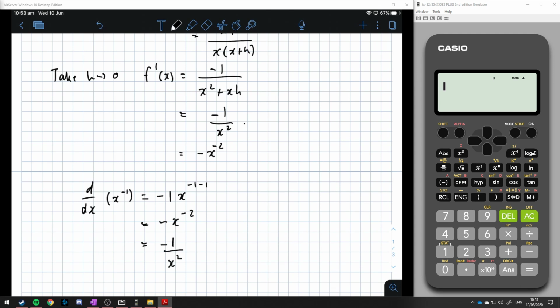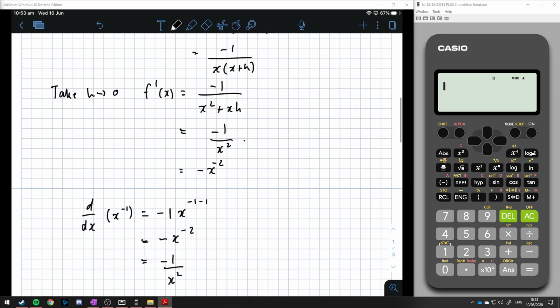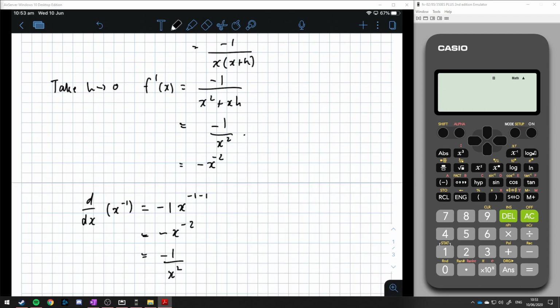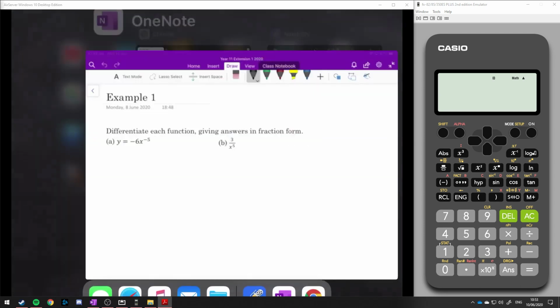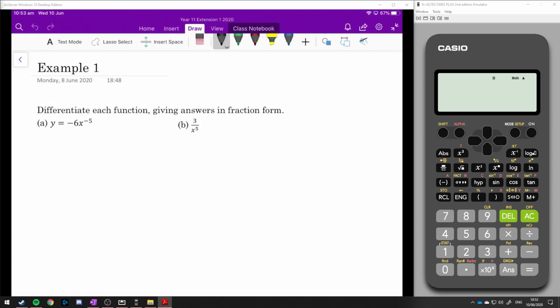So obviously there's the short way and then there's the long way. You don't need to use the long way unless it says using first principles. If it says using first principles, do it the long way. If not, do it the short way.